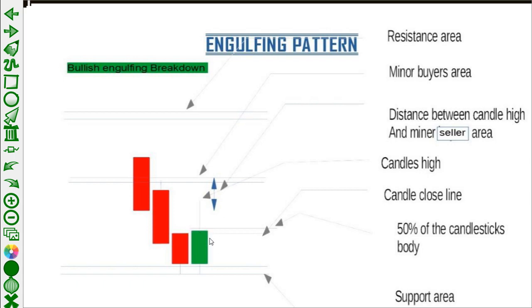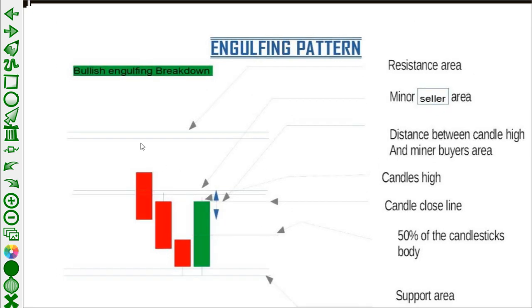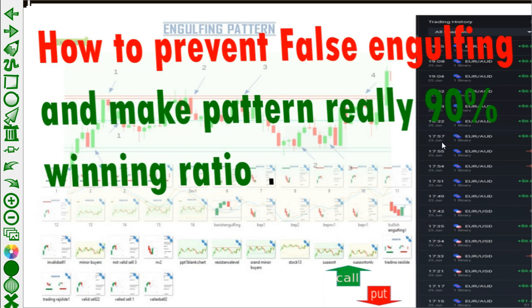But there are also chances that we can get a doji candle or a small green candle, which may reduce the accuracy of the engulfing pattern. Even though there are some chances of winning this call option, we are not going to take this trade because here we want to increase the accuracy of the pattern.